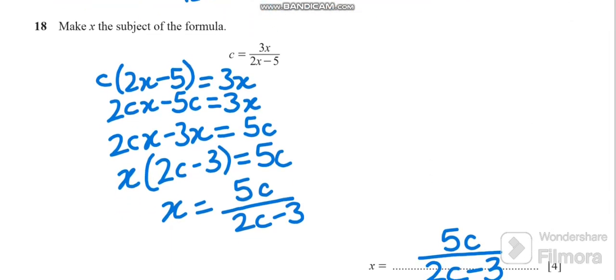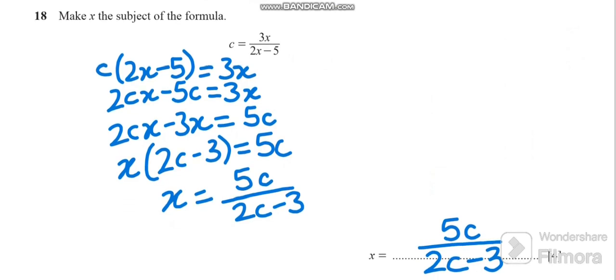Question 18 states, make x the subject of the formula. So c is equal to 3x divided by 2x minus 5. First we will move 2x minus 5 to the left side and write c multiplied by brackets 2x minus 5 brackets closed is equal to 3x. Then we expand the equation and write 2cx minus 5c.